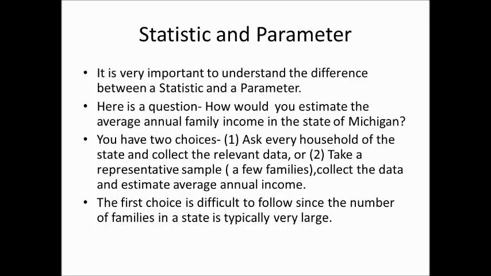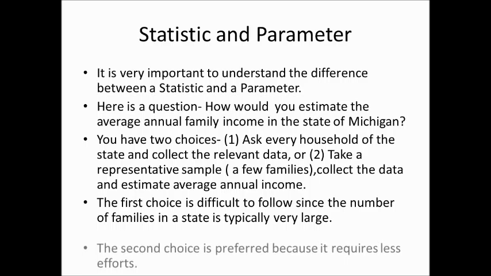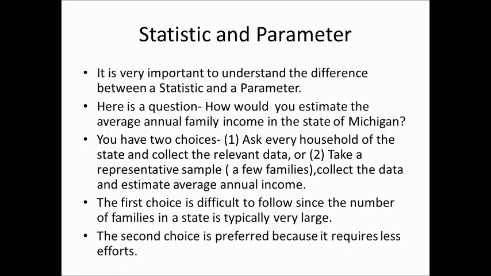The first choice is difficult to follow since the number of families in a state is typically very large. That is always a problem. The population size that we deal with is always very large. We cannot ask individual members of the population. The second choice is preferred because it requires less effort.